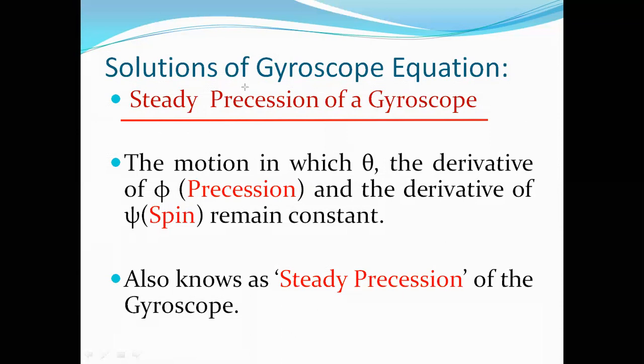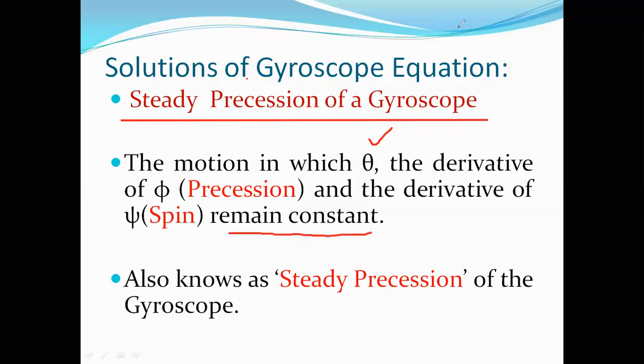Now, the question is, what is steady precession? It is the motion in which theta, which is the angle of nutation, the derivative of phi, that is precession, and the derivative of psi, that is spin, remain constant. This is also known as steady precession of a gyroscope.